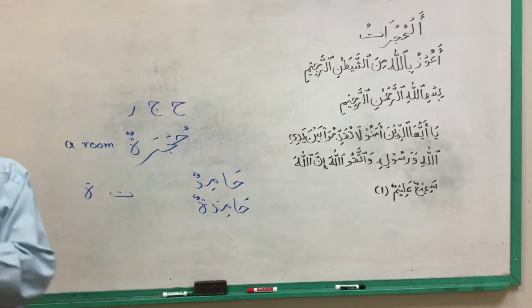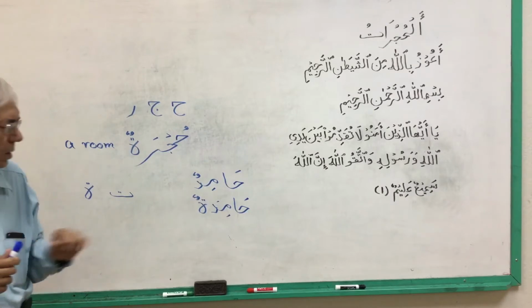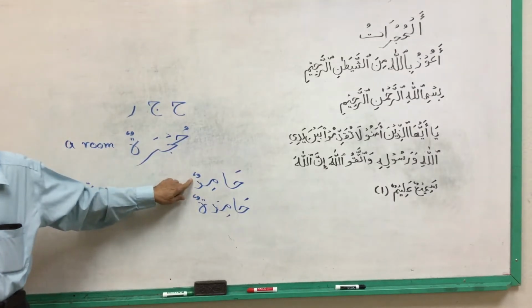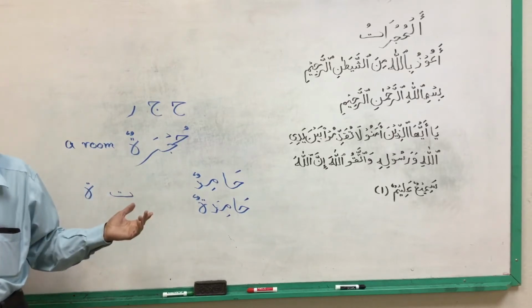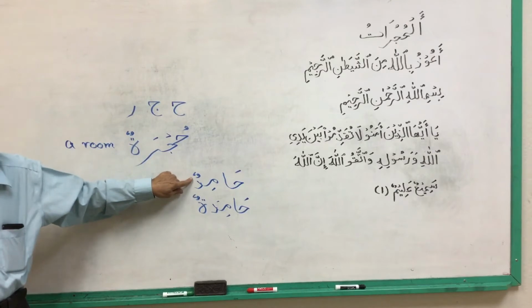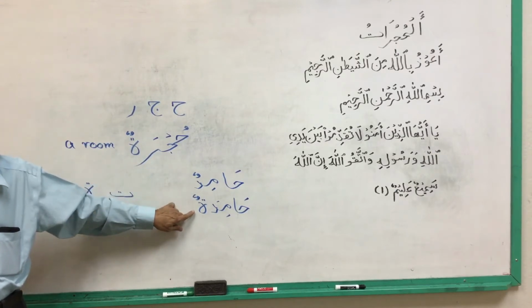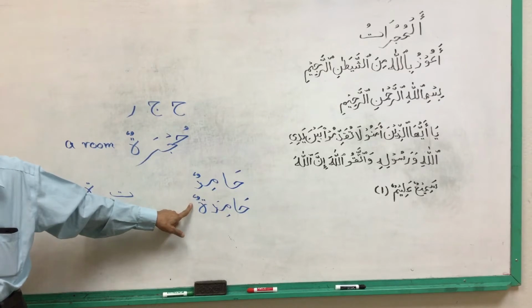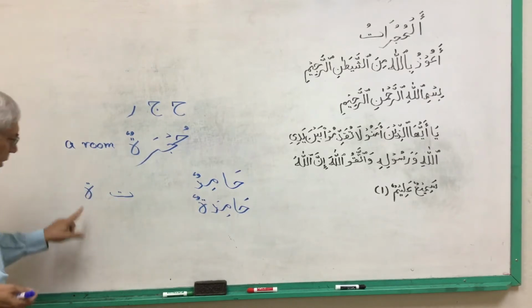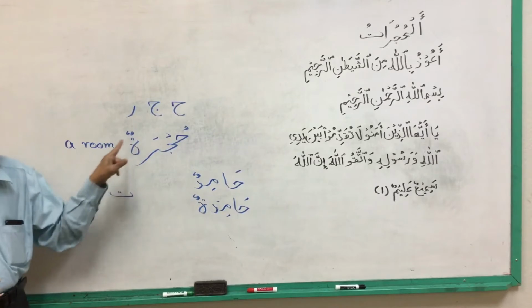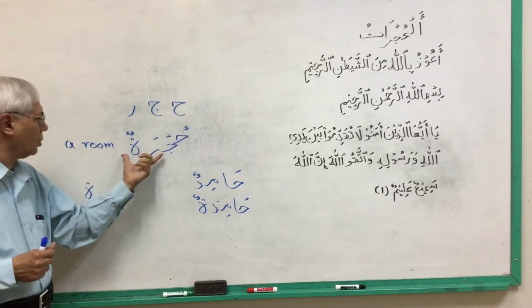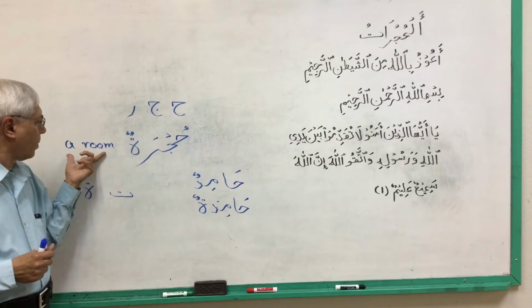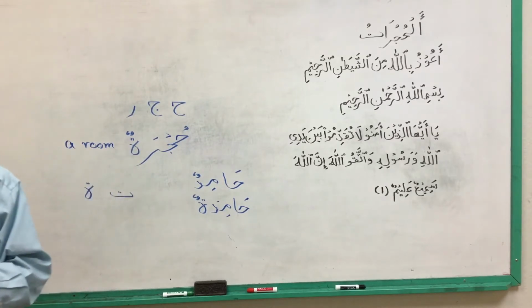When we stop pronunciation or we lose breath, we say Hamid and we say Hamida. Okay, these are the common names. Hamid is a masculine name. Hamidatun is a feminine name. So whenever you see this round ta at the end of the word, 99% chances are that this is a feminine word. Okay, so this hujratun, which in English means a room, is a feminine word.